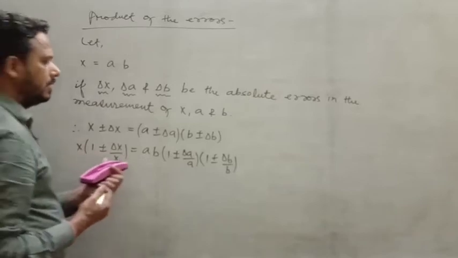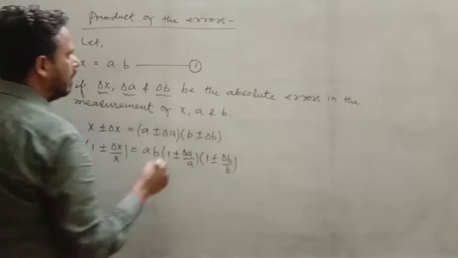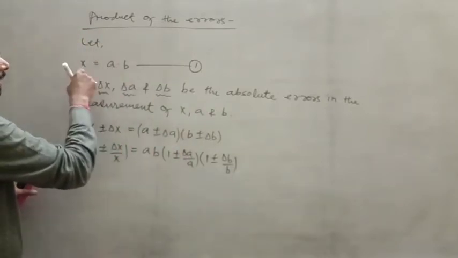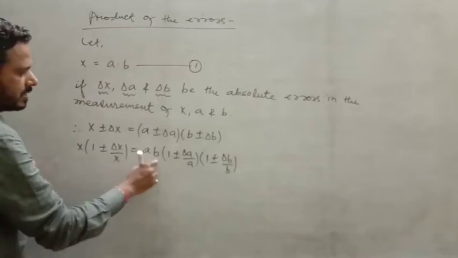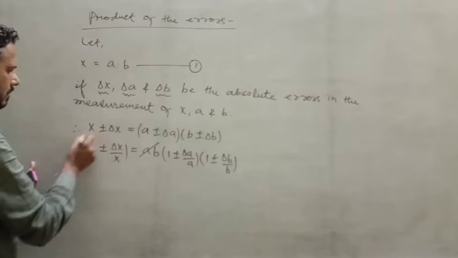Now observe your equation 1. Here you are seeing that the product of a and b is x. Here the same one is also there, so this one and this one will be cancelled.